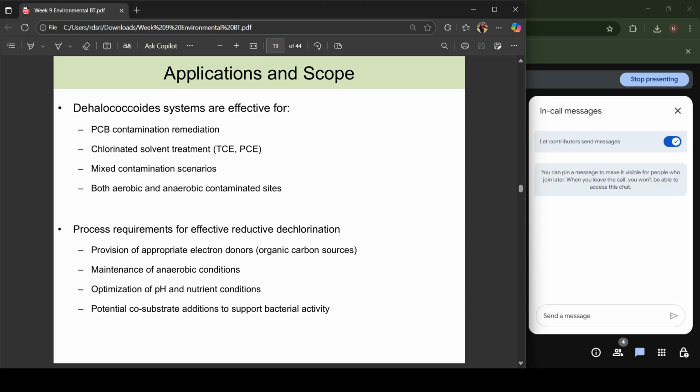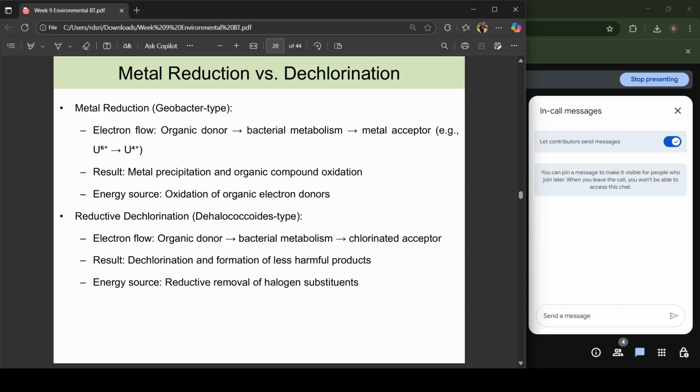So these process requirements we have already discussed with all the microorganisms that we have studied. So now we will just have a little comparison about the metal reduction that we saw in geobacter and dechlorination that we saw in dihalocolloids.